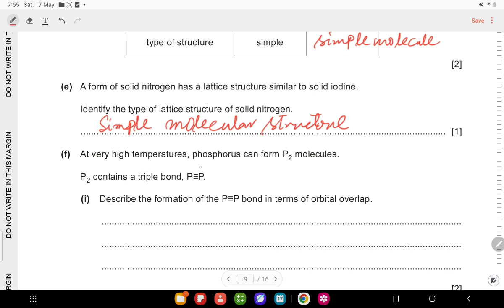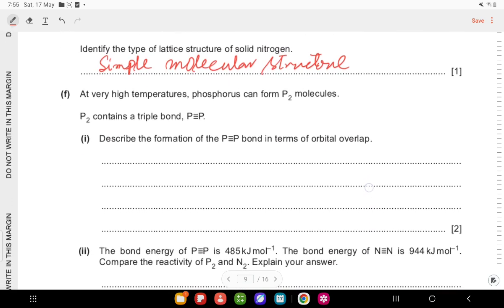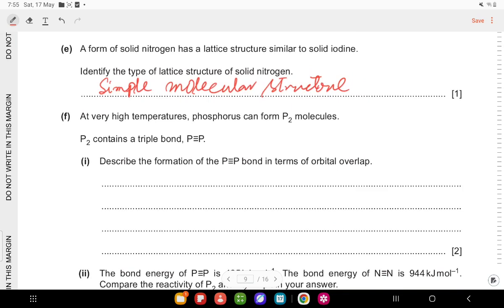At very high temperature, phosphorus can form P2 molecule. P2 contains a triple bond. Describe the formation of P2 in terms of orbital overlap.